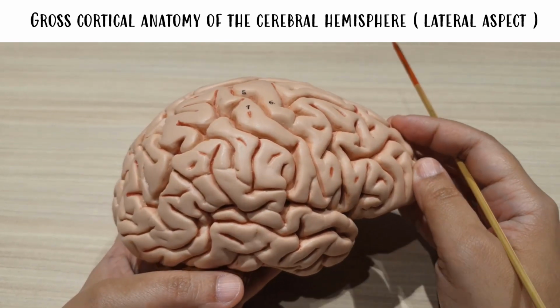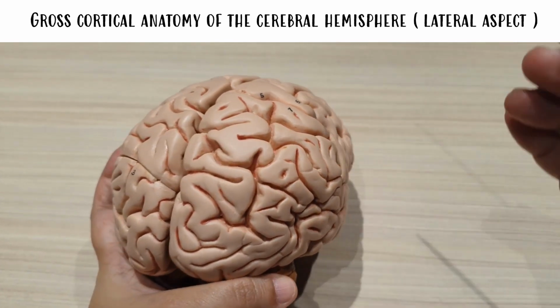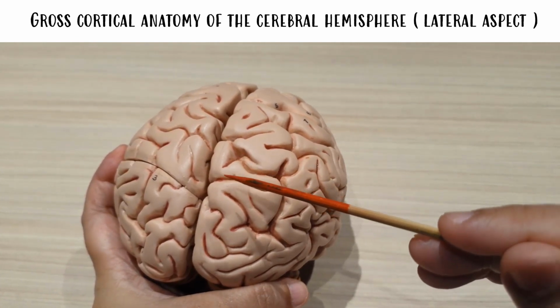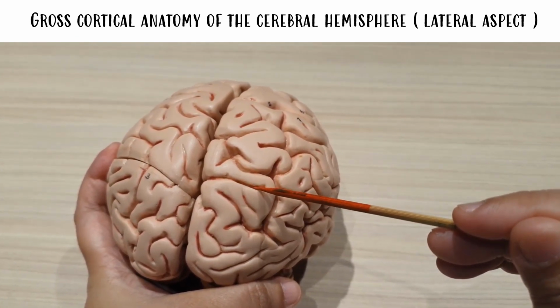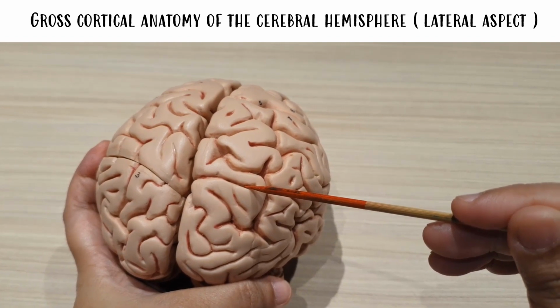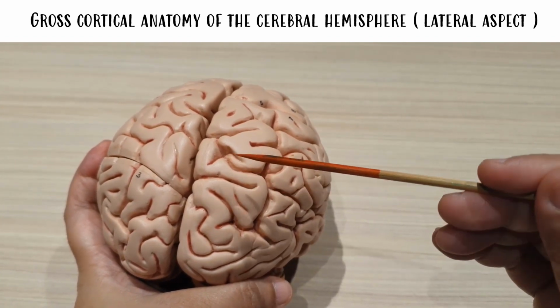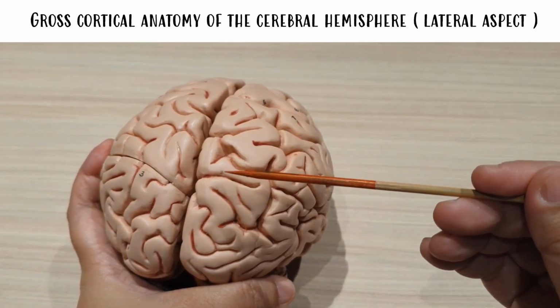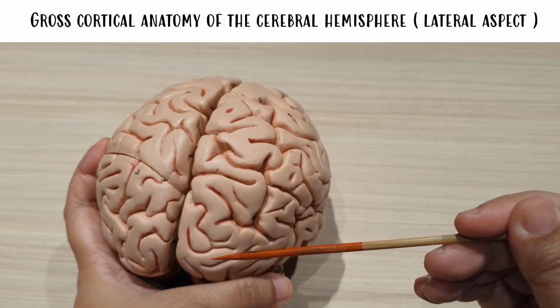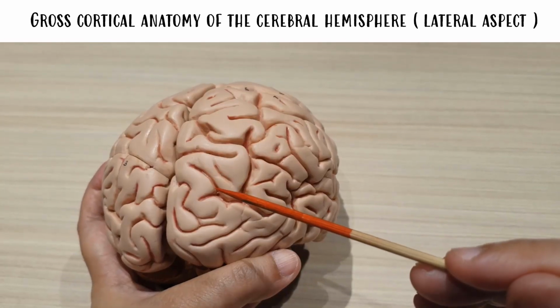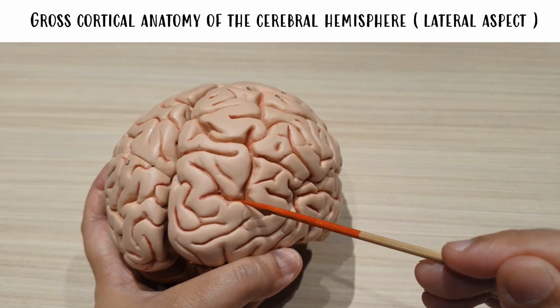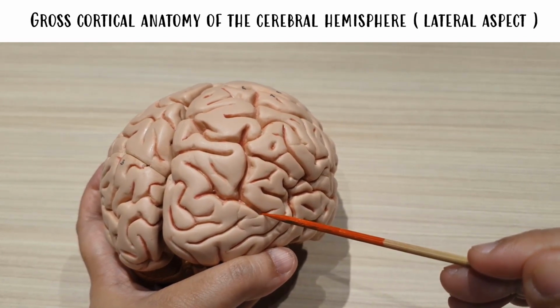As we turn around the model, you can appreciate a sulcus here, which is actually your parieto-occipital sulcus that separates the parietal lobe anteriorly and the occipital lobe posteriorly. After which you can appreciate a trans-occipital sulcus.